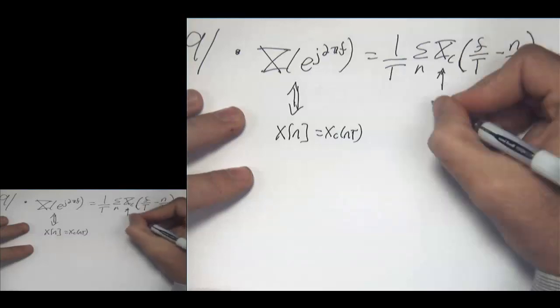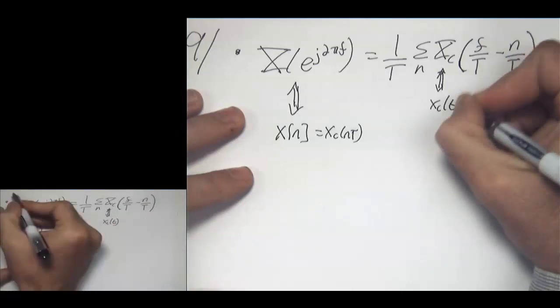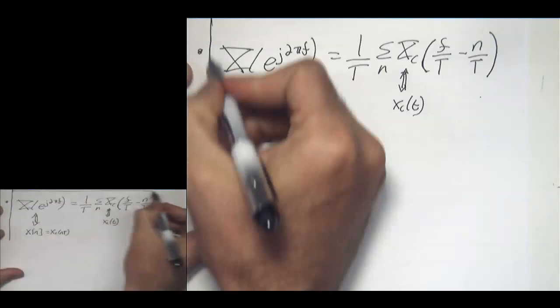And that's the continuous Fourier transform of xc of t here. So this is this property in the frequency domain.